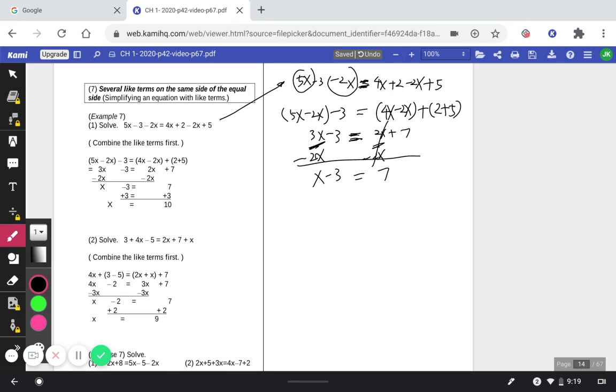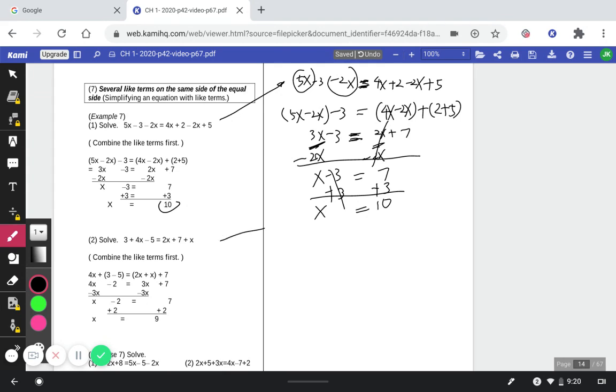Now you continue. To remove minus 3, you do plus 3 on both sides. x becomes 10. So that's how you do it here. Okay. So the rule is if you have more than one x on the same side of the equal sign, you combine them.